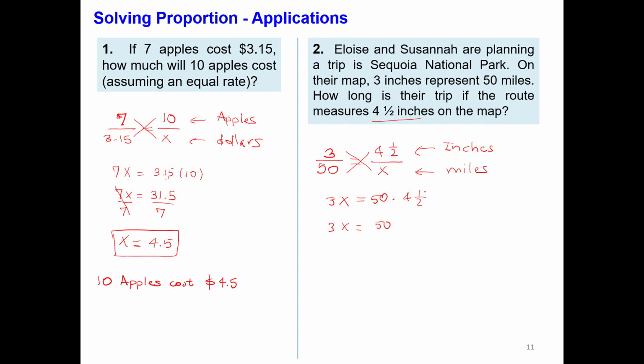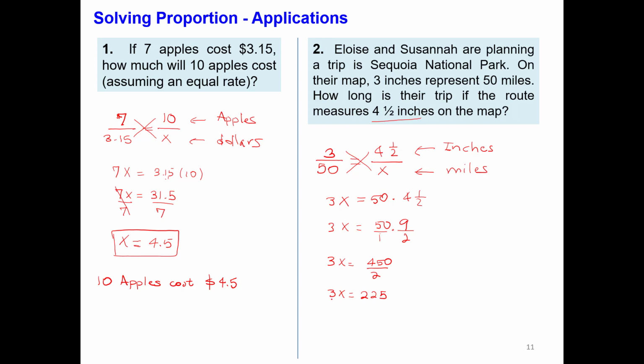This mixed fraction we can express as a fraction. 4 times 2 is 8 plus 1 is 9, so 9 halves. Then we can also multiply this one. 50 times 9 will be 450 divided by 2. 450 divided by 2 is 225.